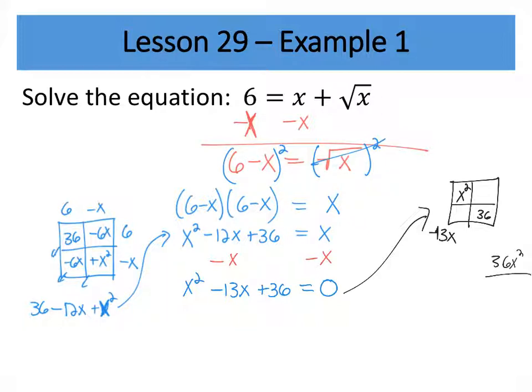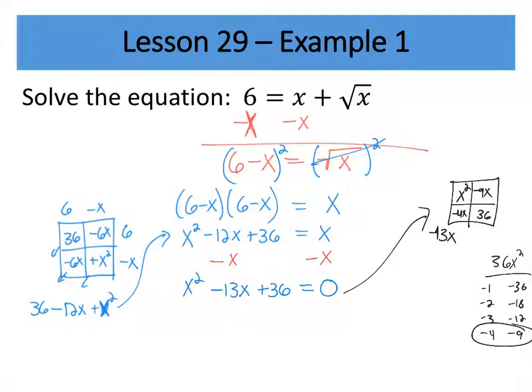So what two things multiply to positive 36 and make a negative? So I've got negative 1 and negative 36. I've got negative 2 and negative 18. I've got negative 3 and negative 12. I've got negative 4 and negative 9. Oh my gosh, that adds up to negative 13. So I've got negative 4x and negative 9x.